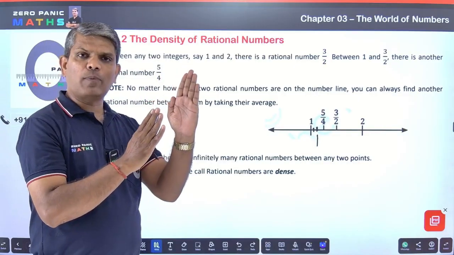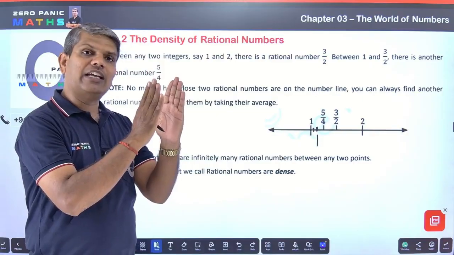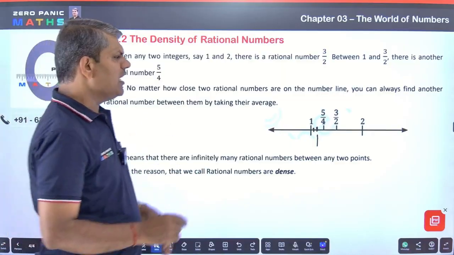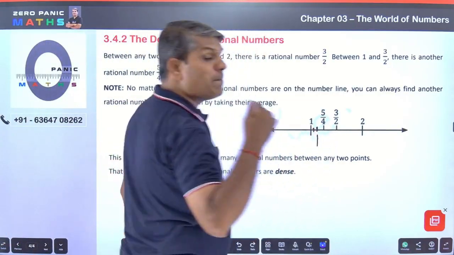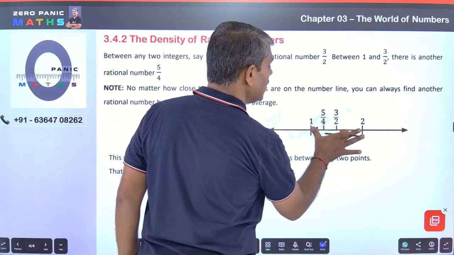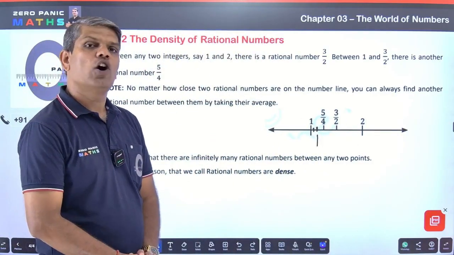Again, you keep one point fixed and take the point in the middle and divide that distance also into half. So that means there are infinitely many numbers that may exist between two given fractions or two given unit numbers on the number line.